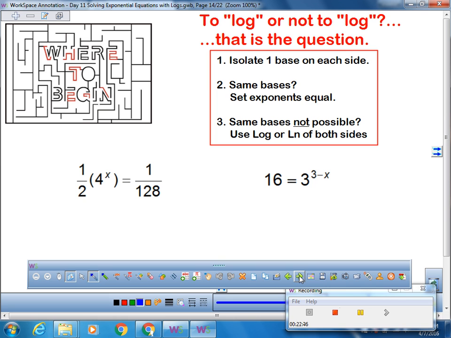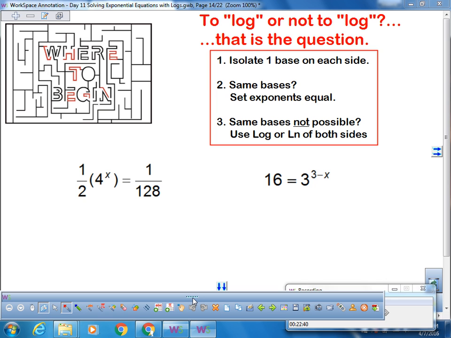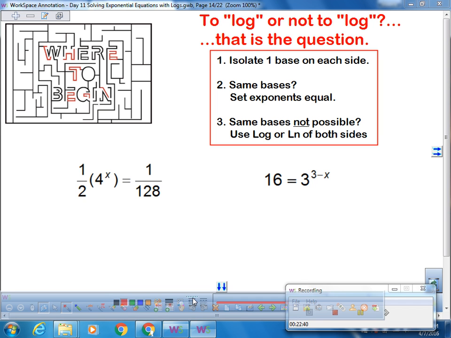How about I start this one? Log or not to log? Log. How could we check? What would I do first before I decide? I would multiply both sides by 2 over 1.